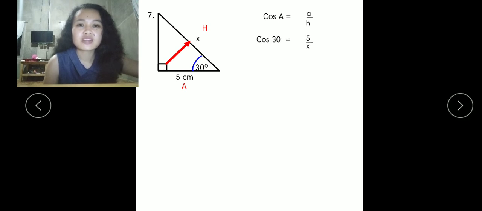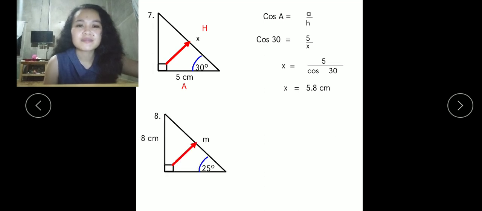We have cos 30 degrees equals 5 over x. Take note, x is in the denominator. The same, swap x with cos 30. So that is 5 over cos 30. Using your calculator, it will yield x is equal to 5.8 centimeter.